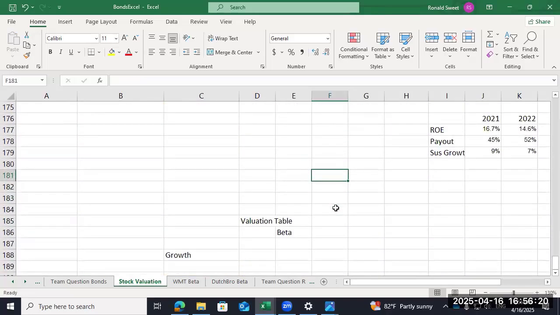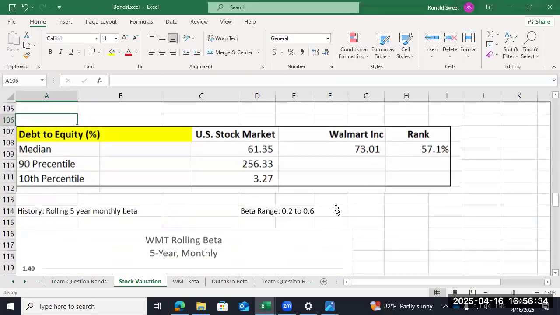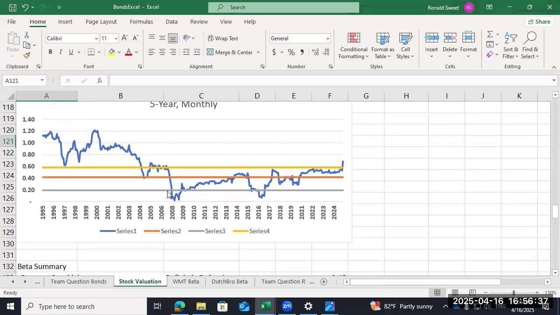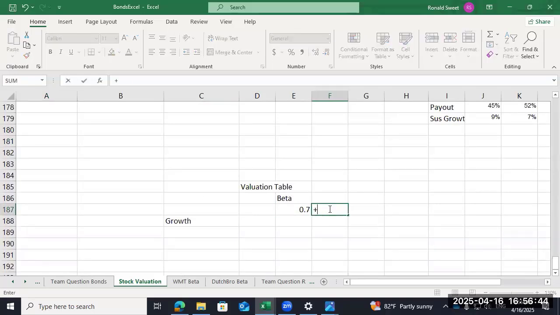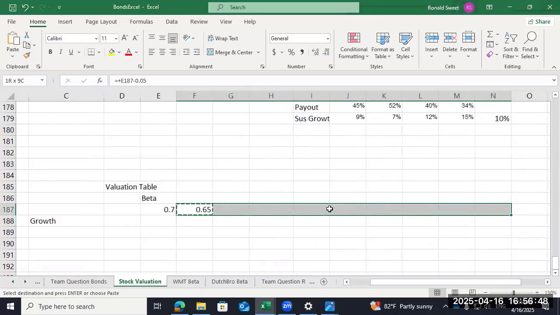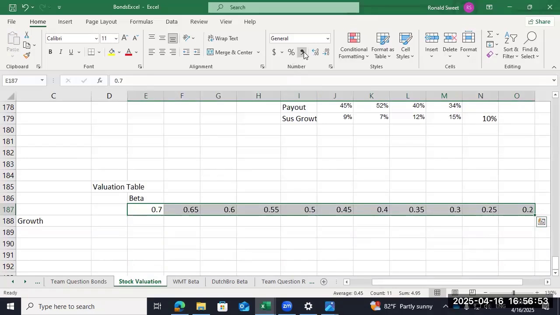I'm going to start with my highest beta. I might use maybe 0.65. Well, the current one's in the last 5 years, so that's kind of the high end. Remember, our graph is a good way to get your range. It ranges from like 0.2 to 0.6. I'll do 0.7, and then I'll reduce that by 0.05 and go all the way down. I don't really like going down to 0.2, but I will. We'll see if we get decent numbers between that.